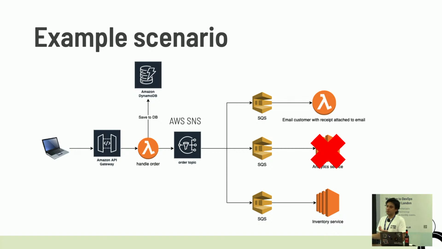No one's going to be affected by this, just that one service. And when you're ready to run your analytics service again, the messages persist in the queue, so there's no important business logic loss. So that's an example I would give, and the advantages of using queues in your system.